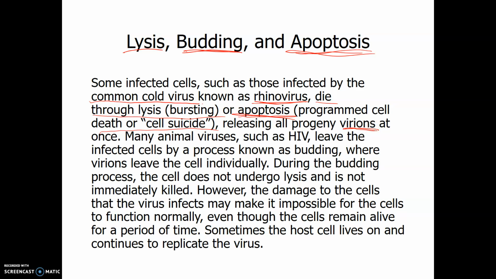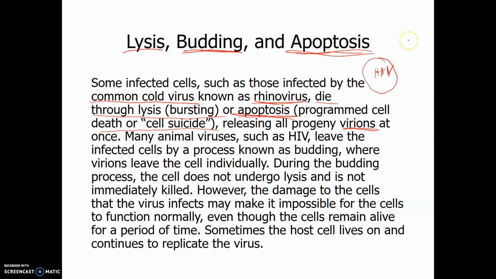Many animal viruses, such as HIV, leave the infected cells by a process known as budding. So basically, here's your host cell. In HIV, the host cell is actually a T cell, which is one of your white blood cells. And if you destroy T cells, you basically shut down the immune system, which is what we know AIDS does. So let's say this is the HIV virus.